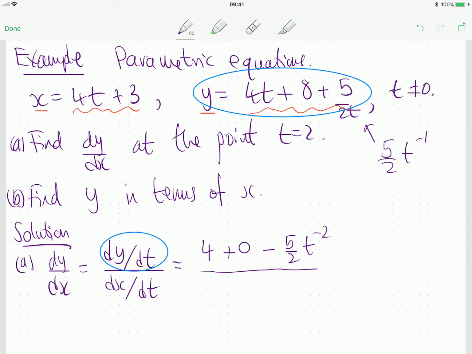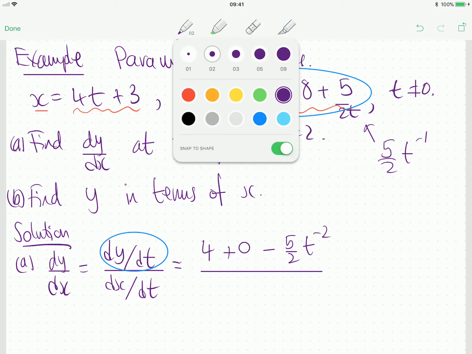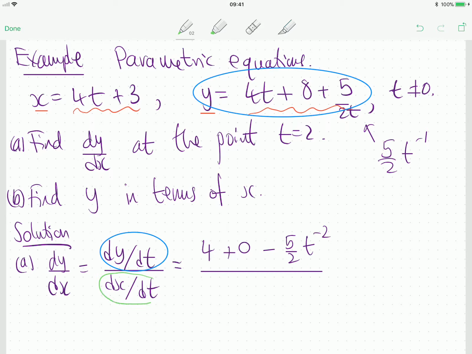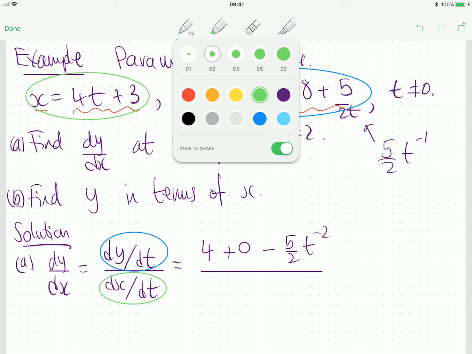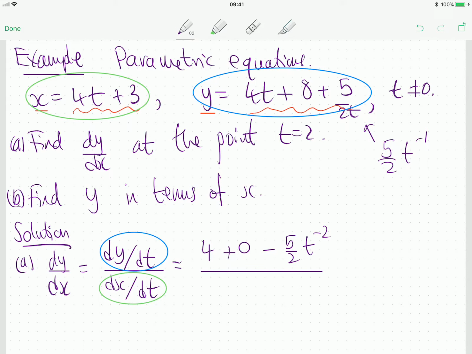Okay, and on the bottom, we need to differentiate x with respect to t. This one looks a bit more simple. First term, 4t differentiates to 4, and 3 differentiates to 0. Now we need to simplify this a little bit.